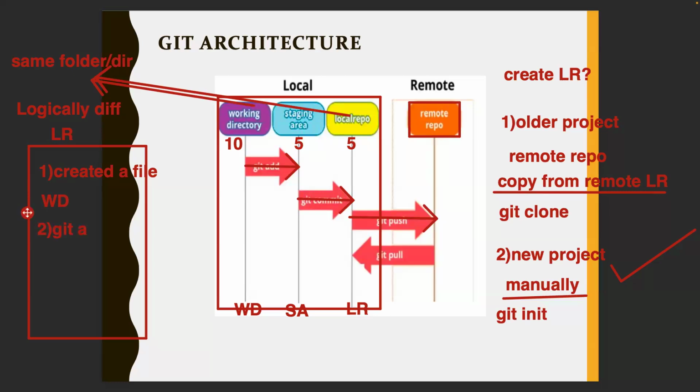Suppose you added it to the staging area by running some commands we will learn separately. Then you will call it as being in the staging area. Suppose then you have moved it to local by committing those changes. Then you will call it as in the local repository. That's how logically they are different, but physically they are one and the same folder.